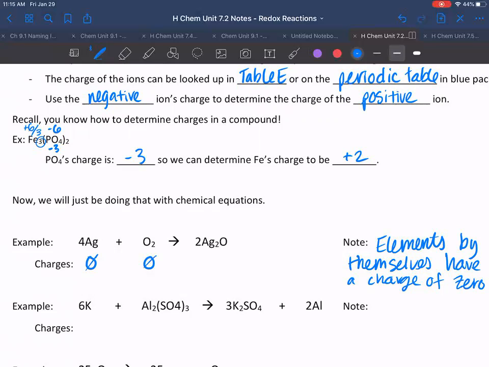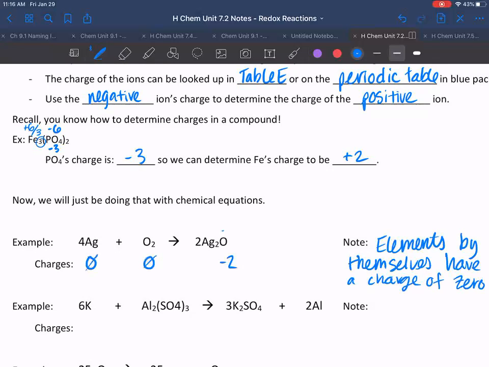Now we have to determine the charges for those elements in silver oxide. Always starting with our negatively charged element, which typically is the second element in our formula, we have oxygen. Using our previous knowledge or the table, oxygen likes to form a -2 charge.